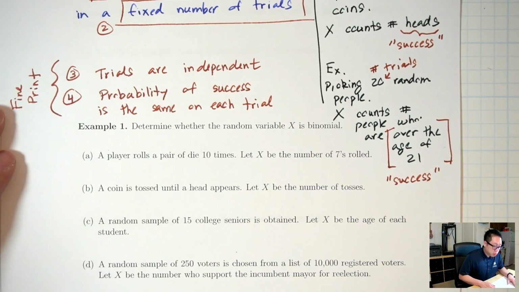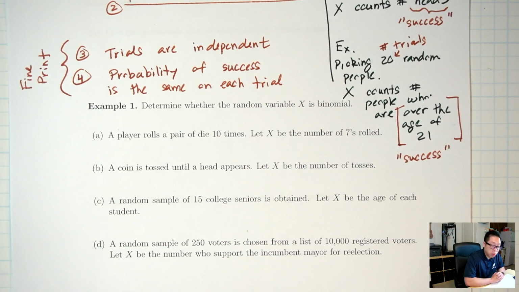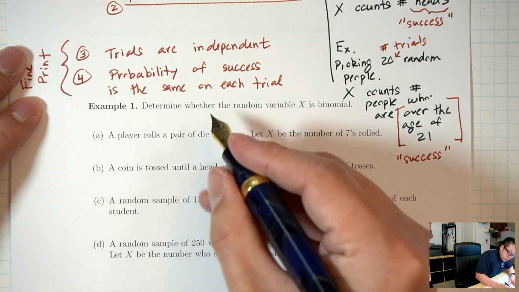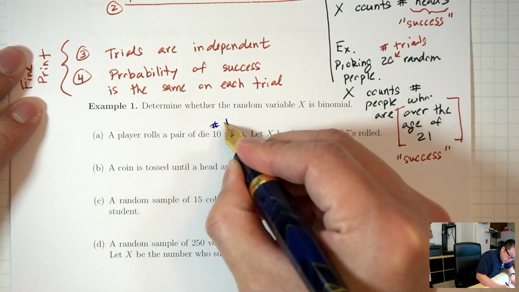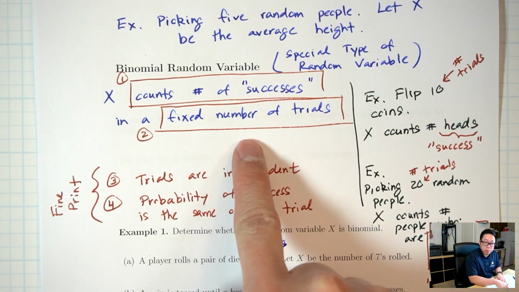Okay, let's go through a couple examples here. Some of these are binomial and some of these are not. Part A: a player rolls a pair of dice 10 times. Let X be the number of sevens rolled. Here rolling dice is the random process. We're doing it 10 times. That's the number of trials. So the number of trials is fixed.